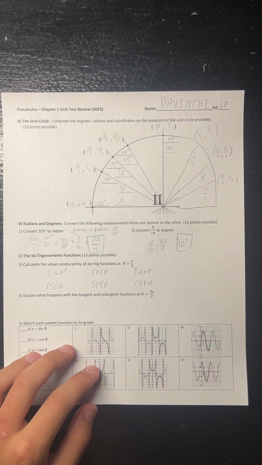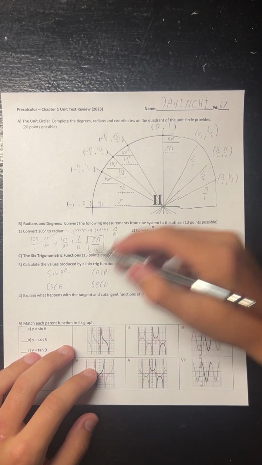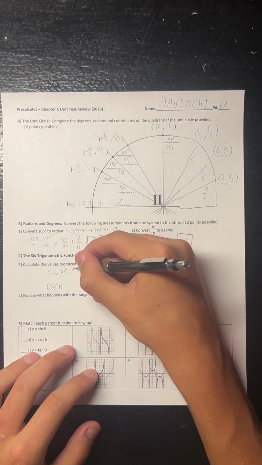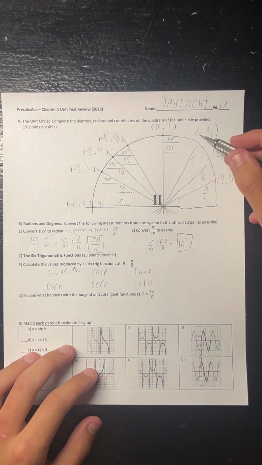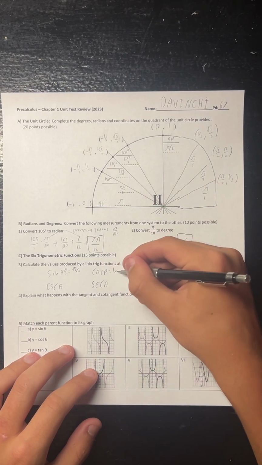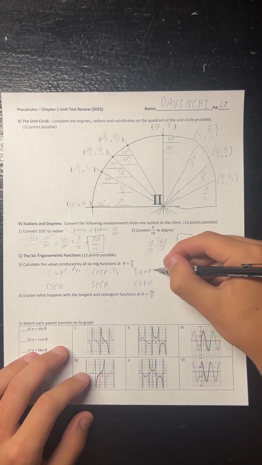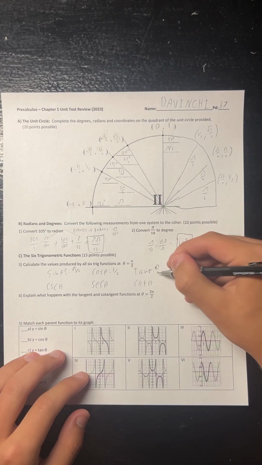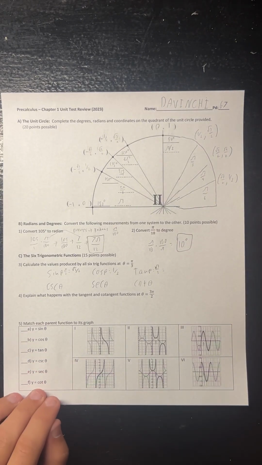So sine, well, what is sine? It's the y value. So sine of pi over 3 is root 3 over 2. Cosine of pi over 3, well, cosine is the x, which is 1/2. And then tangent of pi over 3. Well, tangent is sine over cosine.